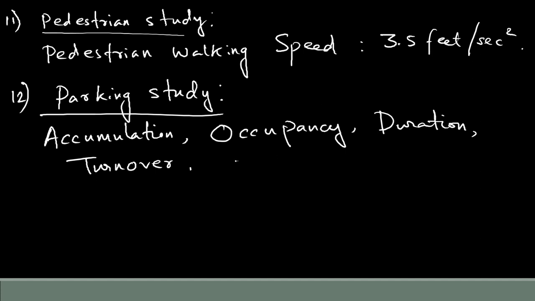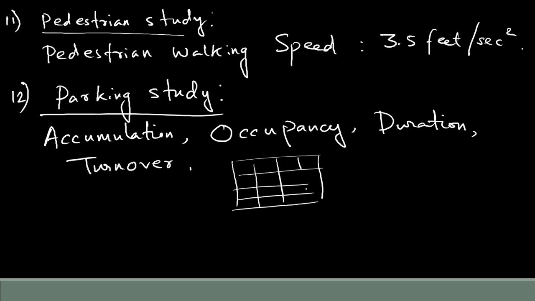There will be a chart like this, where, let's say, the time interval starts at 7 a.m. Every 15 minutes you will have a record of which vehicle is there. Vehicle 1 is there, and in the next interval vehicle 1 is also there.